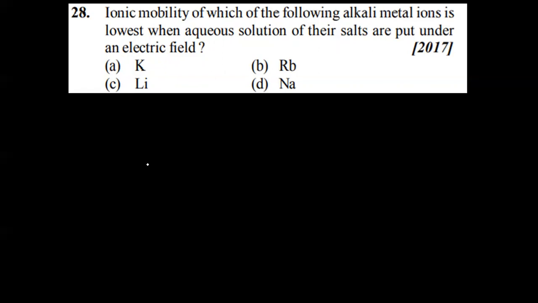Therefore, Li plus ion is most heavily hydrated among all alkali metal ions. So the effective size of Li plus ion in aqueous solution is the largest, so it moves slowest under the electric field. So for question number 28, it's option C.